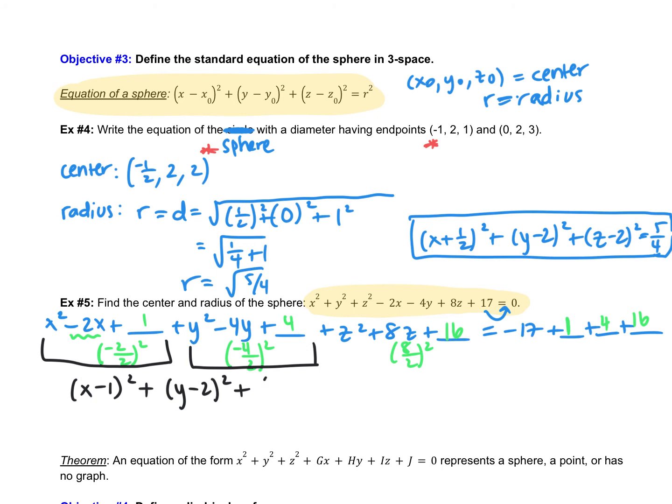And that will then become z add 4 quantity squared. And if I simplify, I just end up with 4 on the right side. Now, from this equation, we can readily tell that the center of the sphere is (1, 2, -4), and we can tell that the radius is 2.